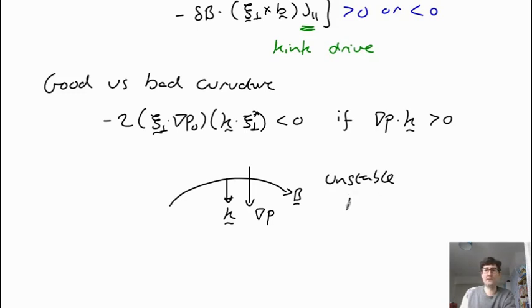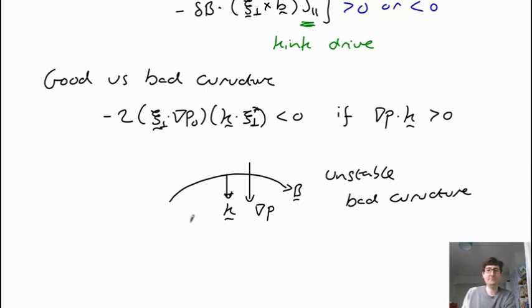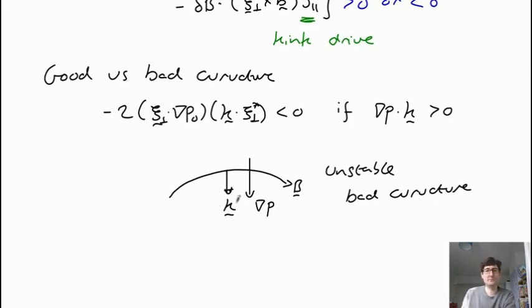This is so-called bad curvature. And conversely, if you reverse the sign, so if you have high pressure on top and low pressure underneath, then this is good curvature and the system is stable. And so we'll see in the next few lectures how this works for pressure-driven modes.